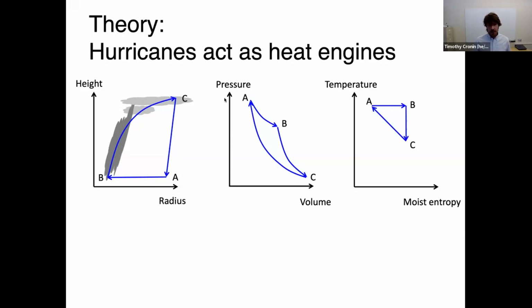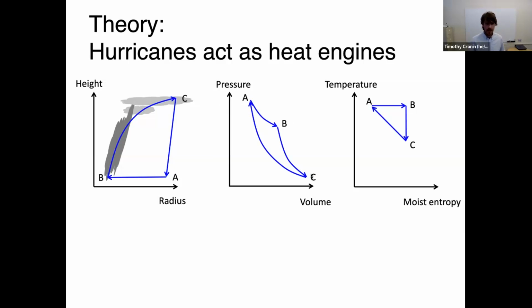In more conventional thermodynamic coordinates of pressure and volume, you can map this out as a trajectory from point A to B, starting out at high pressure and comparatively low volume, and then expanding isothermally, or roughly isothermally, on the leg from A to B in the inflow leg near the surface, expanding moist adiabatically on the leg from B to C as you decrease the pressure of the air and increase the volume.